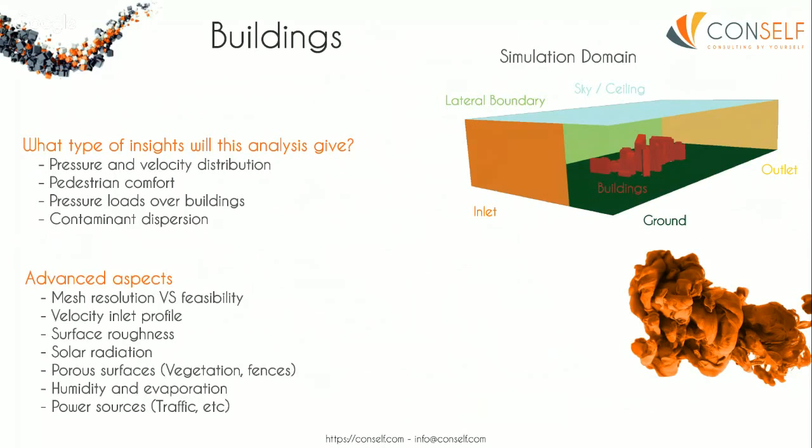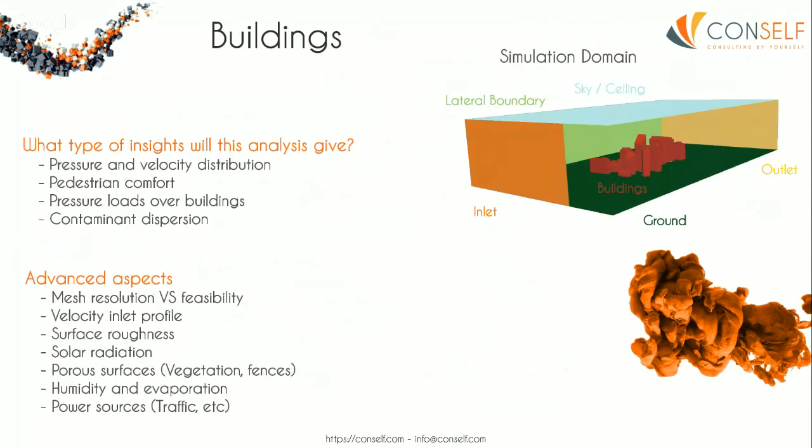Then we will put all these buildings inside a domain that is basically the portion of space surrounding the environment and the city that we are going to simulate. So we will make the wind enter this domain from the inlet with a uniform profile, directed towards the outlet.